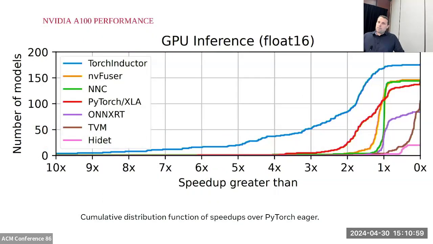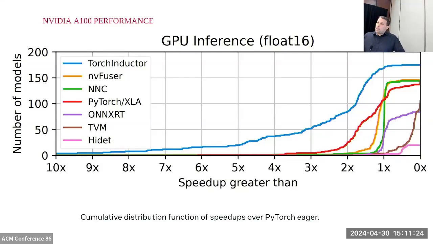So let's zoom in a little bit and see, how is this performance distributed? What we've done is we're not just looking at inference only. The training version of the graph is in the paper. And we are looking at the cumulative distribution function of speedups. In here, the x-axis is the speedup, and the y-axis is the number of models that achieve that speedup.